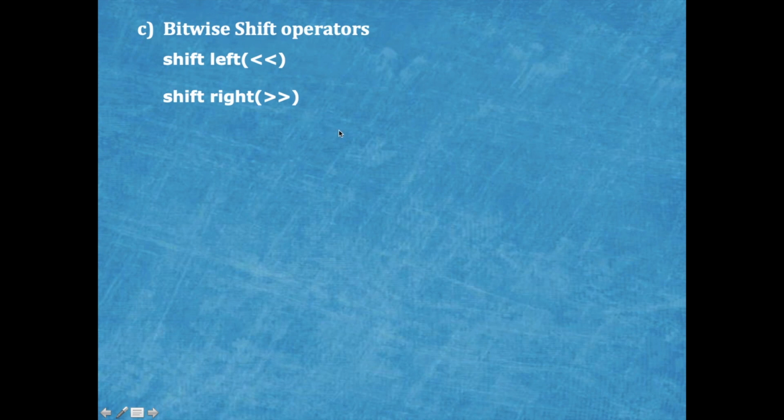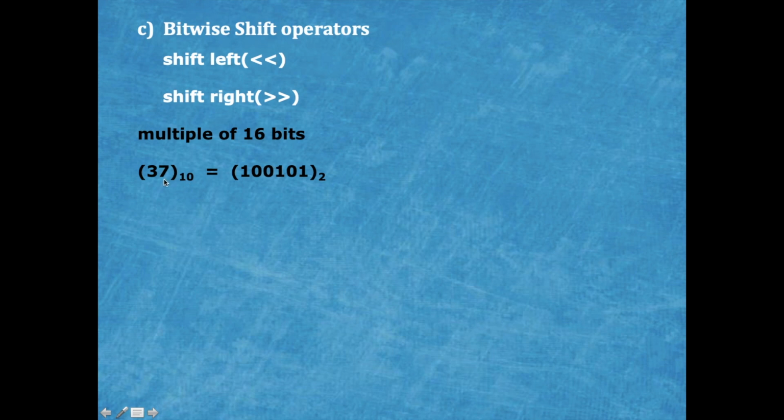Before we do an exercise question on them, there is one important point which you should understand about the bitwise shift operators. When you are working with shift operators, the operand should be a multiple of 16 bits. Let's say you are using a shift operator with 37.